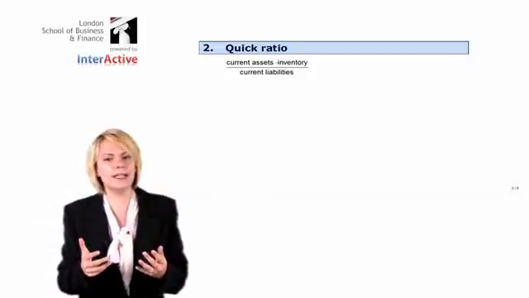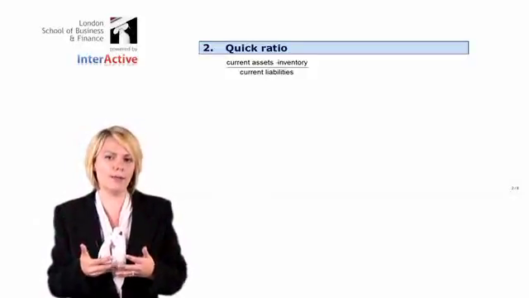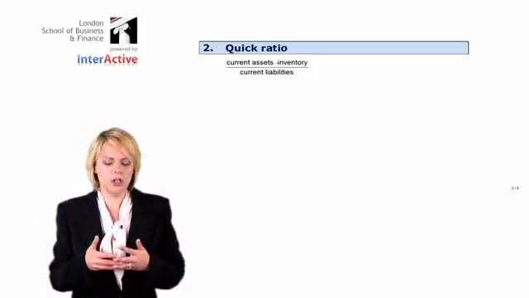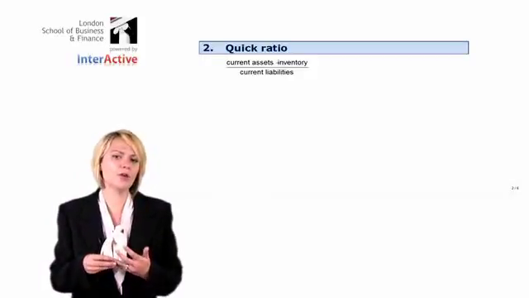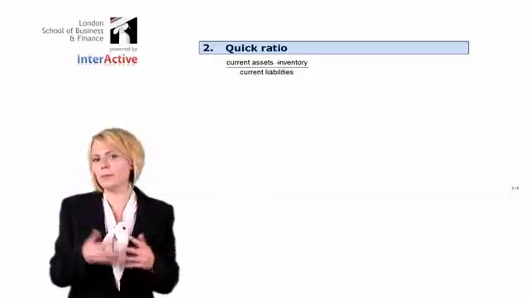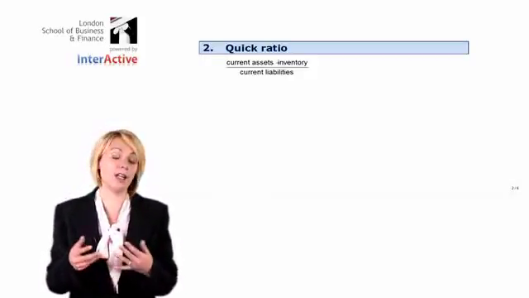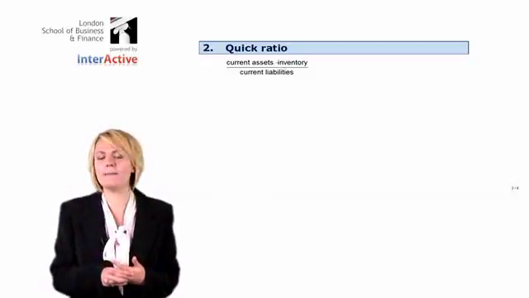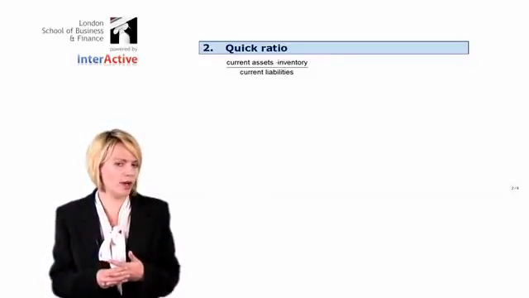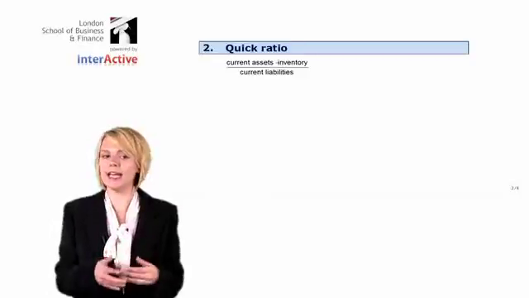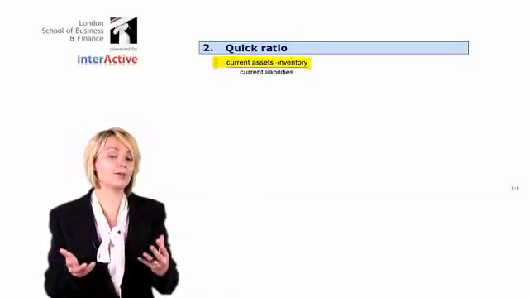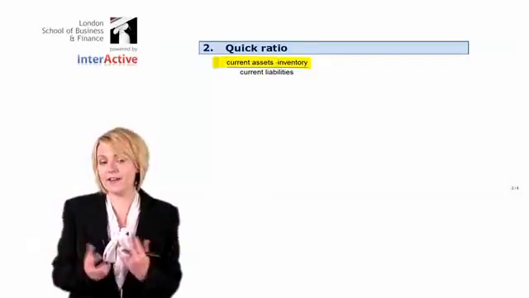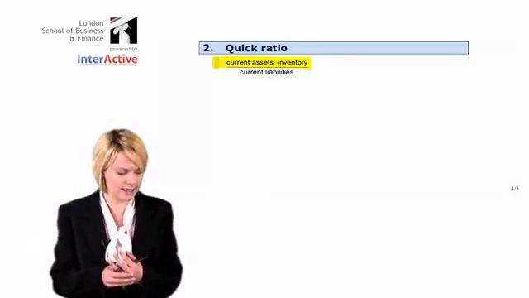And remember, current liabilities are short-term payables, okay? So a current ratio may be great for most companies, but for companies that have slow-moving inventory, like house builders, it might be better to calculate the quick ratio, where we take the current assets, strip out the inventory, and then divide it over our current liabilities.